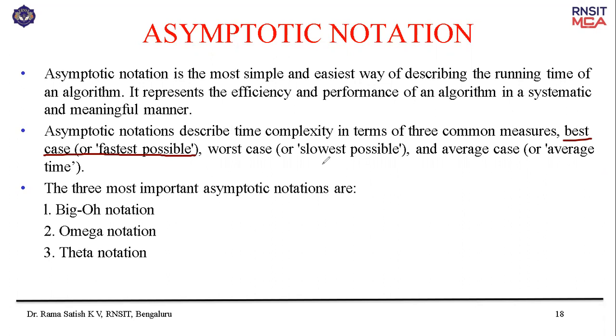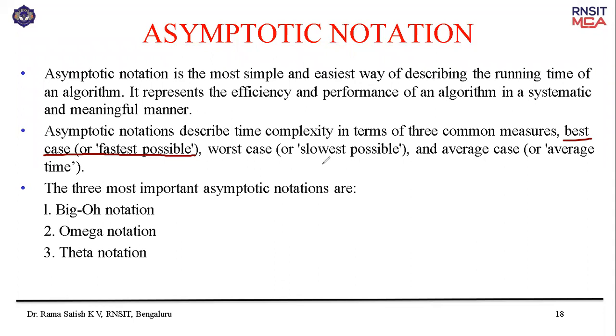Sometimes you take the average case. Average case is the average time taken when you make searches 3 or 4 times. So that is the average case. So: best case, worst case, and average case. Of course, you can also experience this many times.